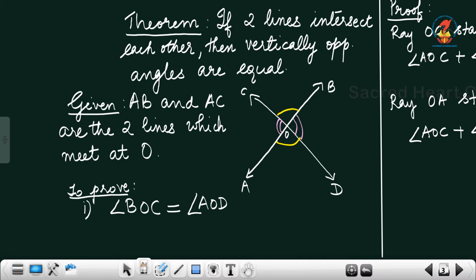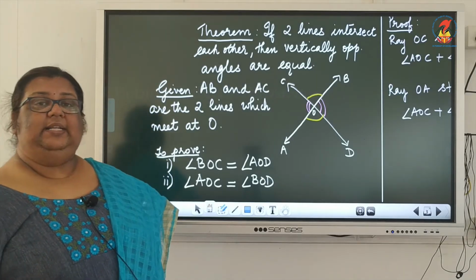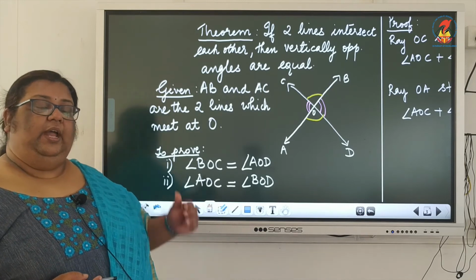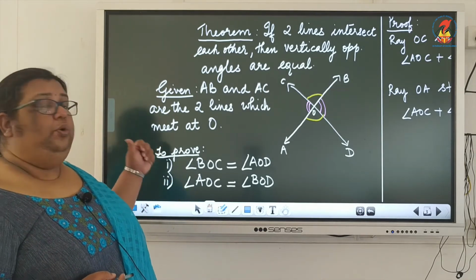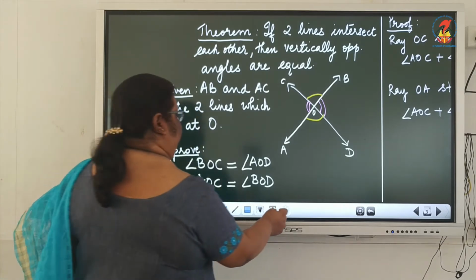And what is the second one you have to prove? Angle AOC equals angle BOD. These are the two pairs of vertically opposite angles which are equal, and those are what you need to prove. So, let's start the proof.